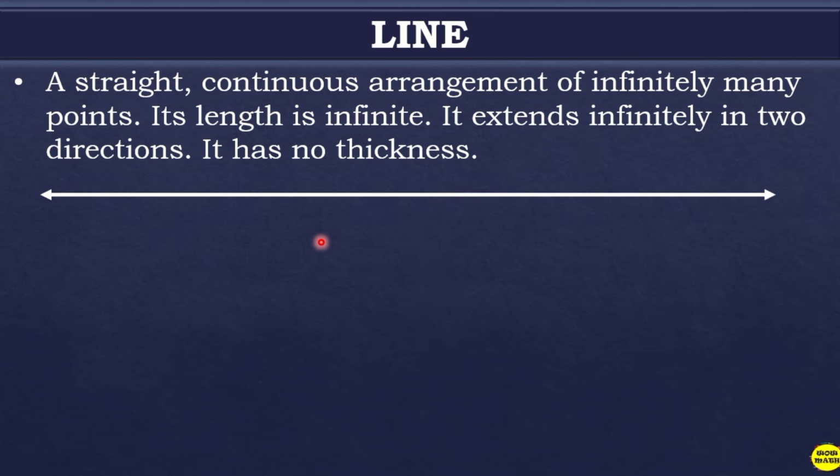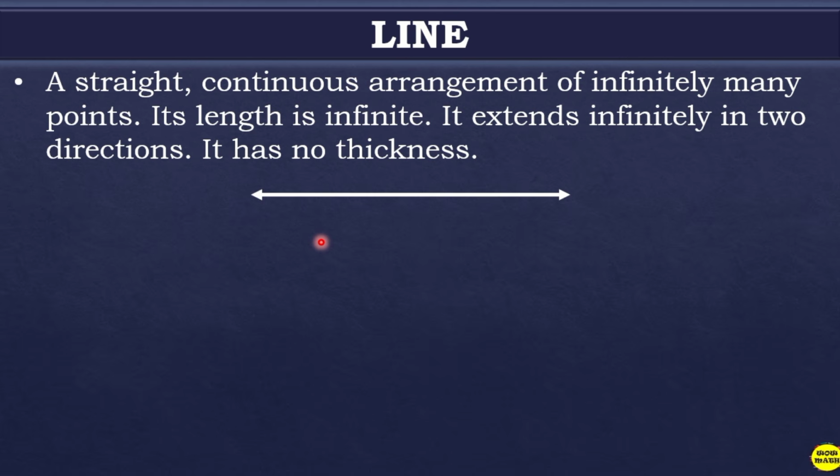Okay? So, it is infinite. We have infinitely many points in a line. Its length, that's why, kung infinite ang length niya, infinite ang points niya. Okay. So, it extends infinitely in both directions, kagaya nga po nitong example natin. And remember, it has no thickness.